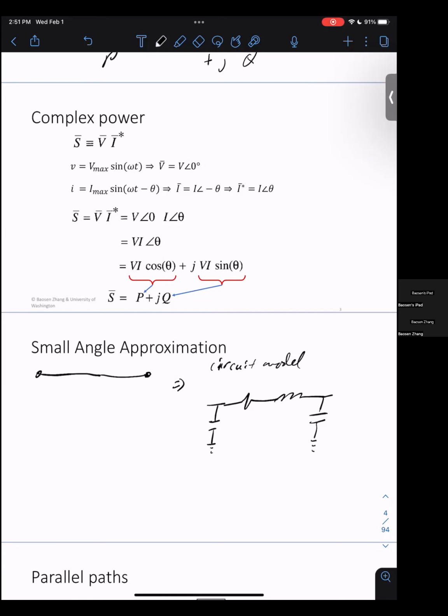Economics people and power system people, for us, this is way too complicated. Anytime you see capacitors, not very good. The shunt branches are way too complicated. So what we assume is, first, we're going to assume the capacitance is small, so they are roughly open circuit.